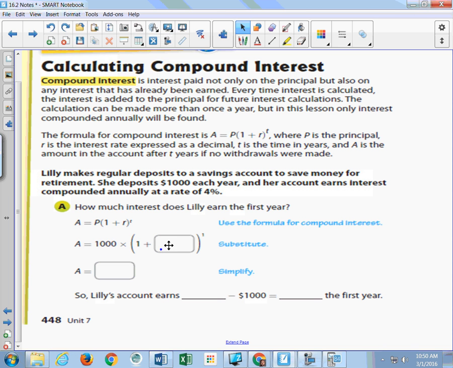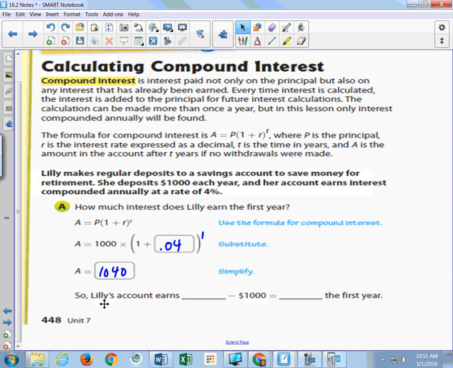that's 0.04. This is for first year, so that's just a 1 right there. So we're going to plug that into our calculator, and what do we get? Should have gotten 1,040.